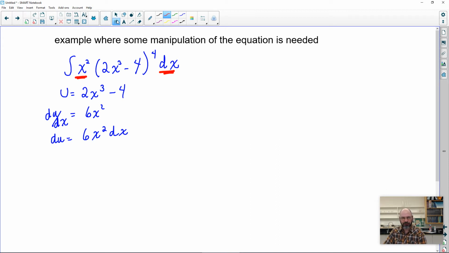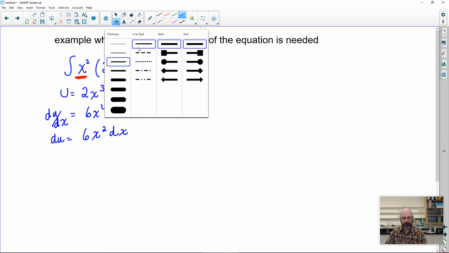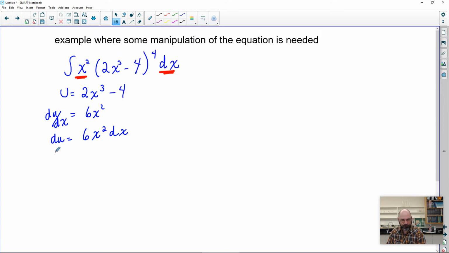So we are going to find x squared dx, and we divide by 6 on both sides. I end up getting du over 6, or 1/6 du, equals x squared dx. So lo and behold, we do now have that part of it.